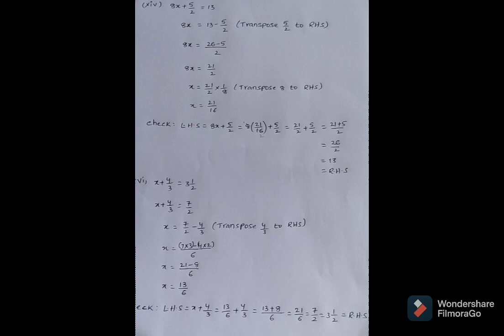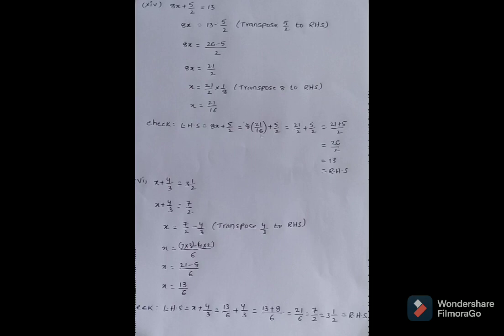So 7 into 3, 7 3s are 21 minus 4 into 2, 4 2s are 8. 21 minus 8 by 6. That equal to 13 by 6. The solution of given equation is 13 by 6.